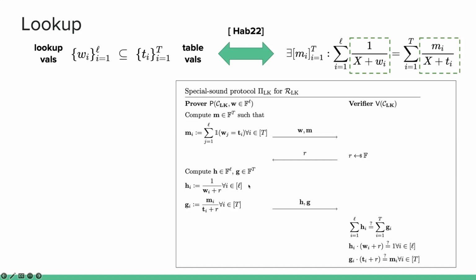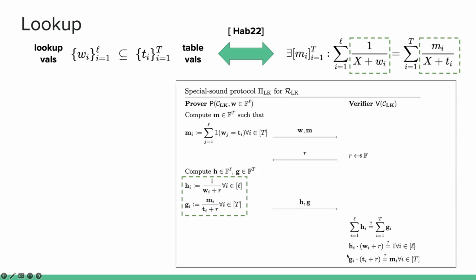Now the prover is responsible for computing this fractional identity evaluation and sending h and g back to the verifier. Suppose h and g are computed honestly, then the only check we need to do is just check these two sums are equal, right? This is our degree 1 check here. However, we cannot guarantee that it's always honestly computed by the prover.